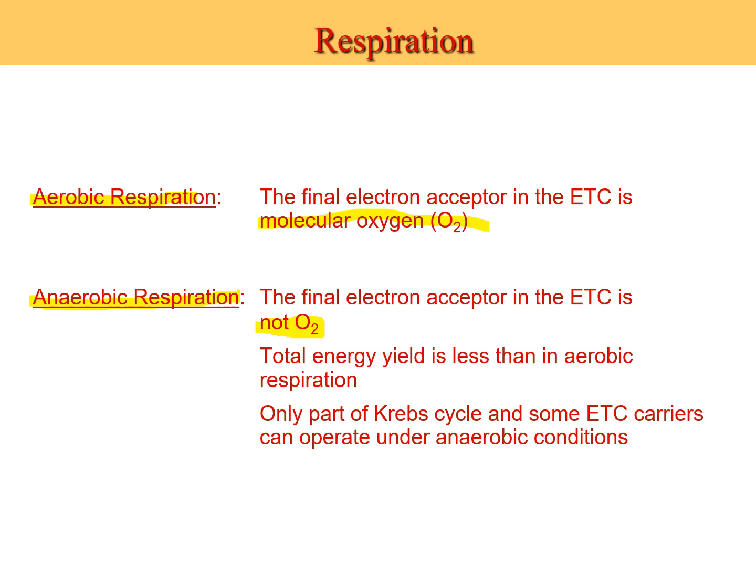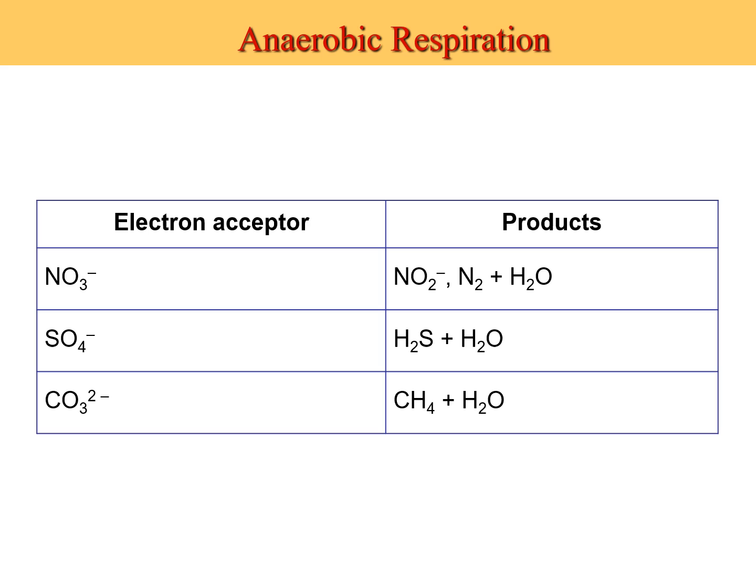And only part of the Krebs cycle and some electron carriers can operate under anaerobic conditions. Basically, they're not operating in generation of energy, and what you're getting instead is other molecules acting as electron acceptors, but we're not going to get into that.